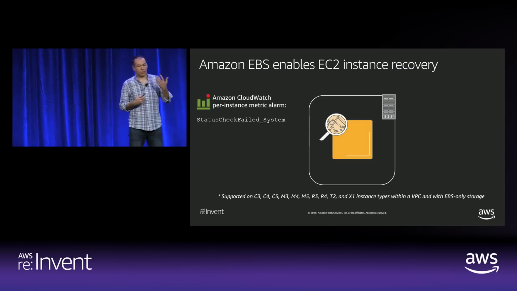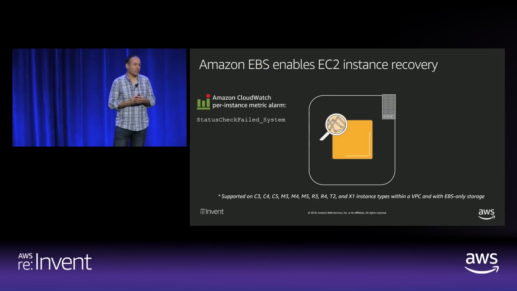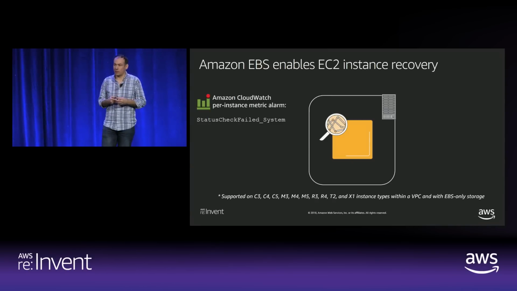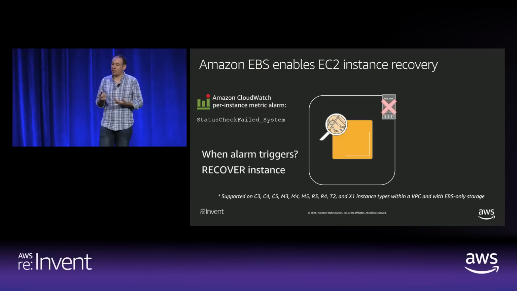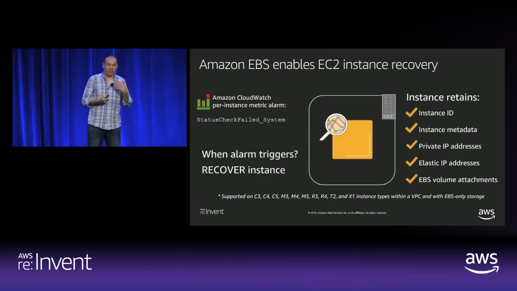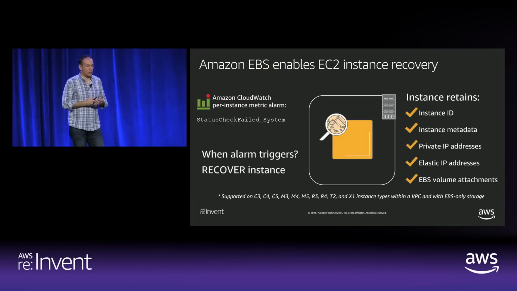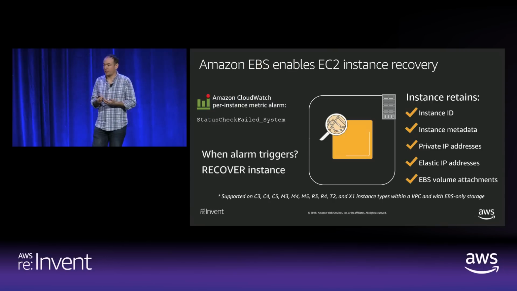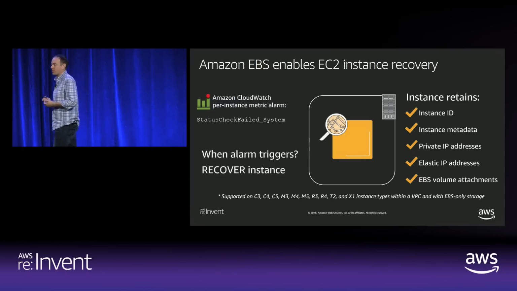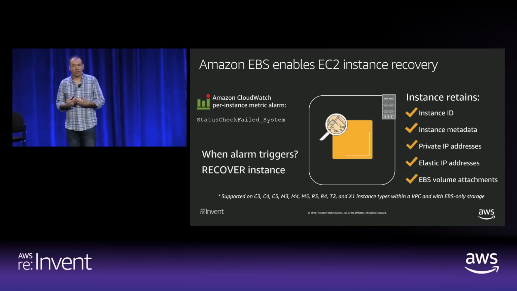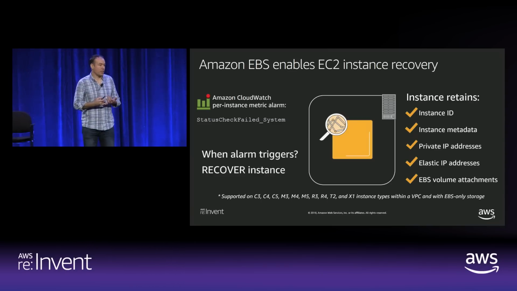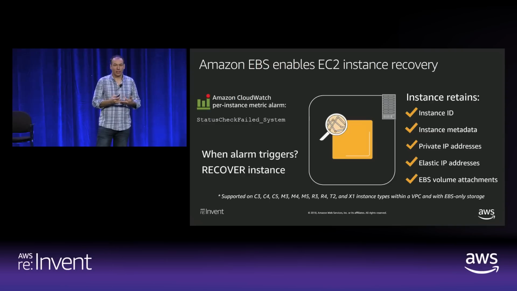And so with an EBS-only EC2 instance, so if you don't have any instance storage attached to it, you can actually use EC2 instance recovery. What this allows you to do is create a CloudWatch alarm that when that alarm triggers, we will actually replace your instance. Now when we replace the instance, the nice thing about us doing it is that it retains all of the metadata, so your IP, your volume attachments, the instance ID. So it just looks like the instance went through a reboot.